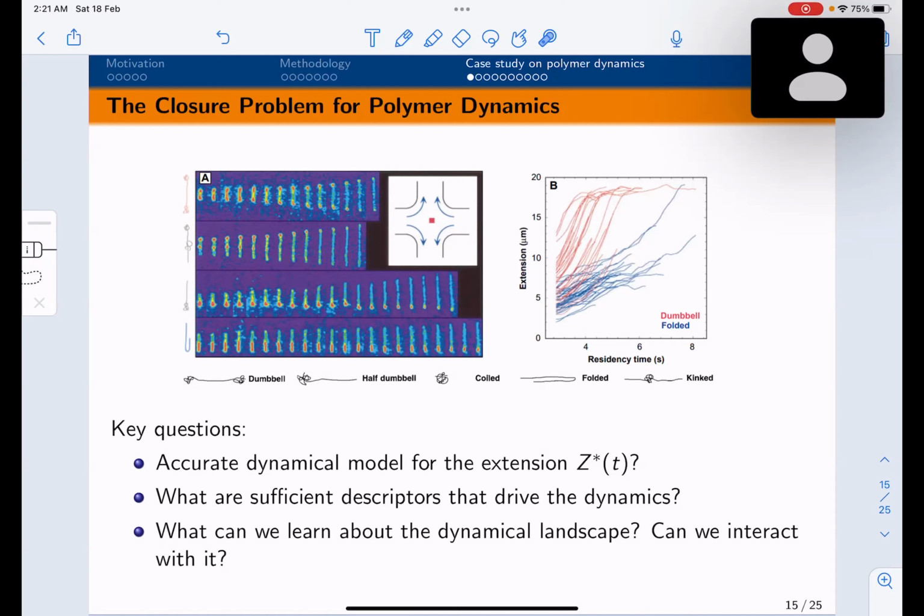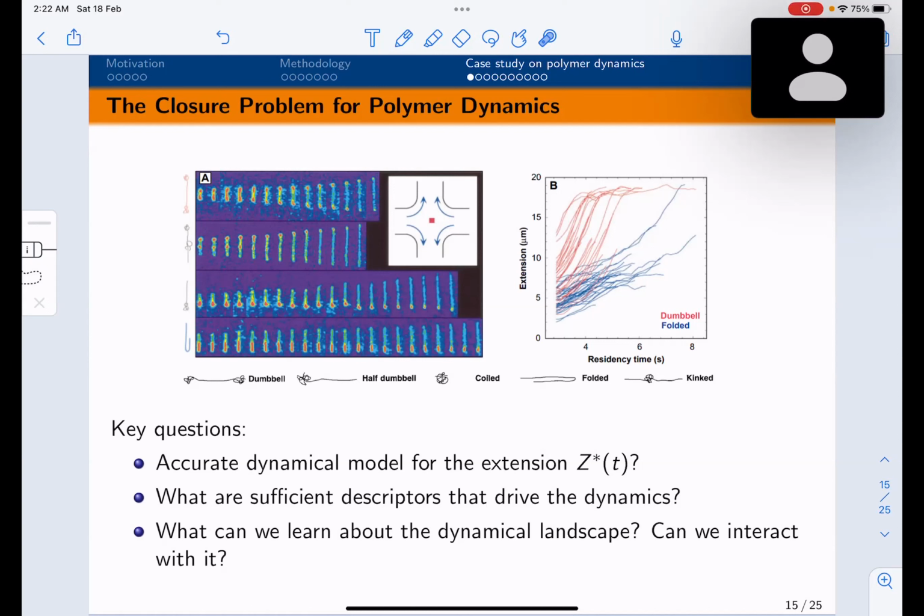So we want to know how we can get an accurate dynamic model for the extension of the polymer, this dark here. This is the extension of the polymer, meaning the length of the polymer. The second question: what are the sufficient descriptors that drive the dynamical system? Just now we used z hat, right?